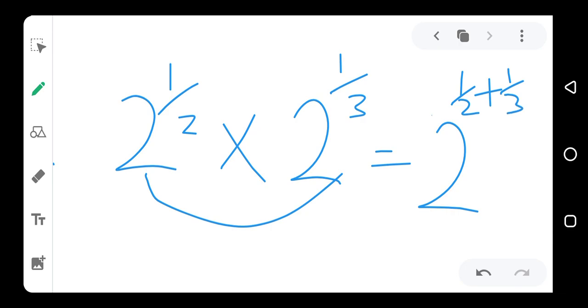Now this is going to be 2 raised to power, the LCM of 2 and 3, that is 2 times 3. We have 6.